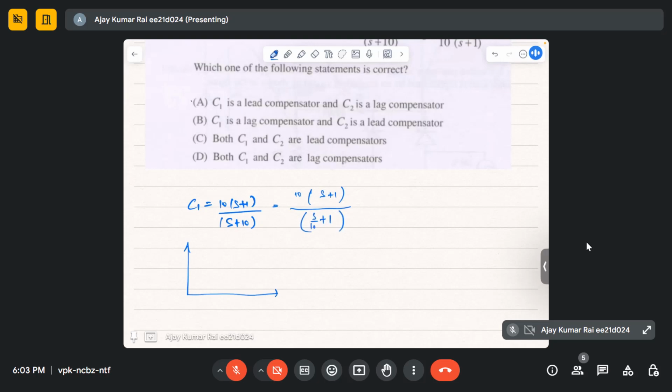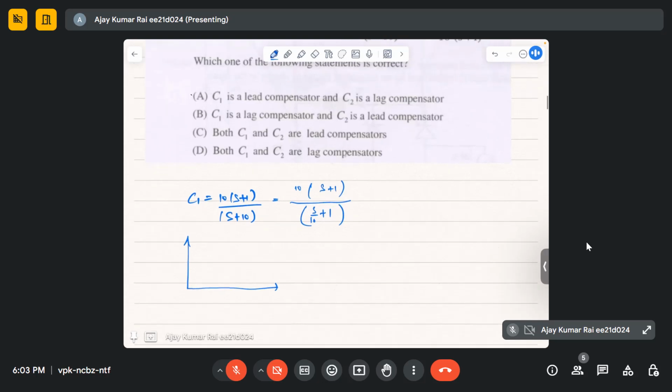What are the corner frequencies you can see? 1 and 10, right?